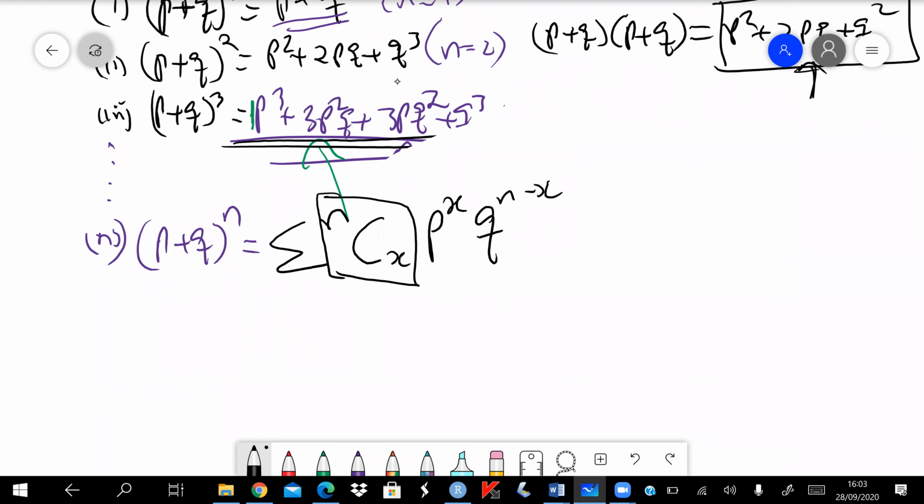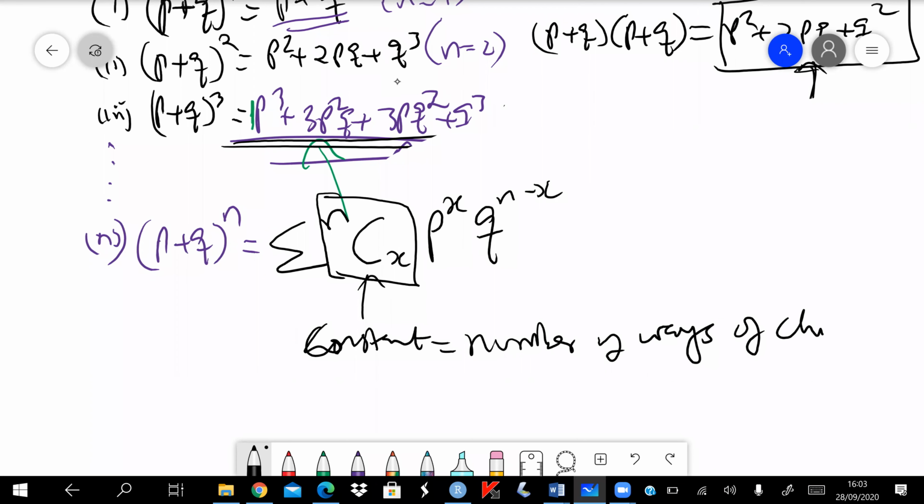It's a number, which we will be getting from our calculators, showing the number of ways of choosing x from n items. It's a counting technique called combinations. The number of ways of choosing x items from n items.